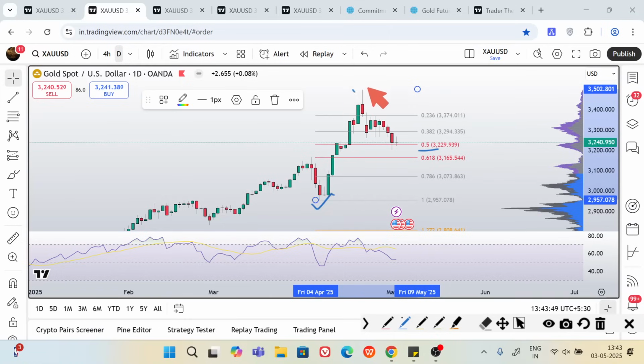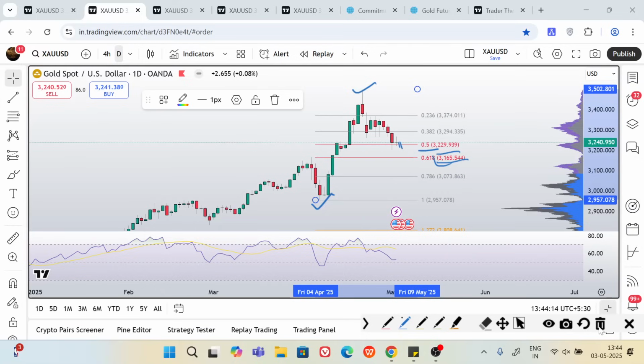So yes, price is taking support as you can see and did not break down this support. So if price break down this support, then the next major support is 3165 on Fibonacci levels that we have to watch. So these are the supports on daily time frame that we have to watch.